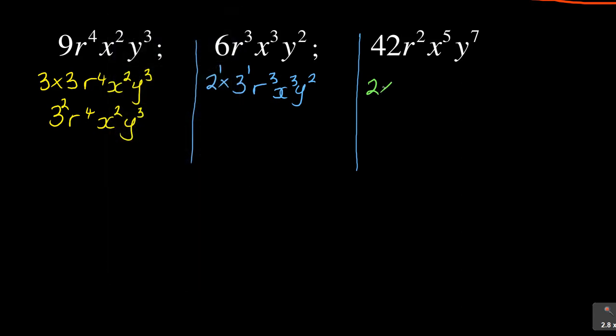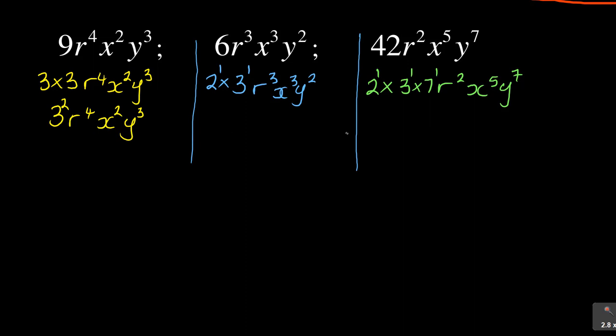So it's 2 times 3 times 7. Remember, a prime factor is a number that can only be divided by itself and 1. So this is r^2, x^5, y^7. It's 2 to the power 1, 3 to the power 1, and 7 to the power of 1.